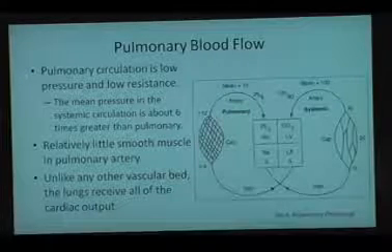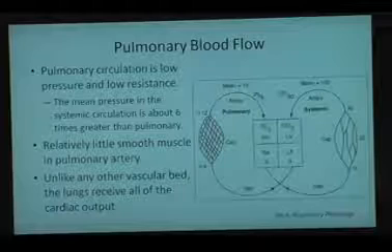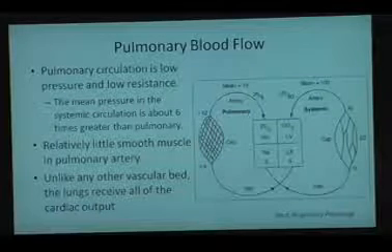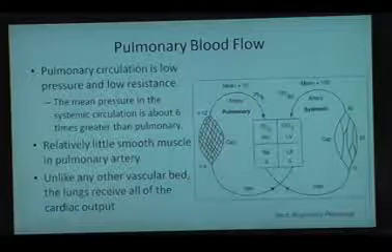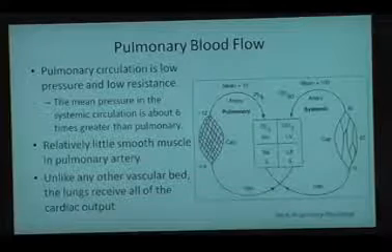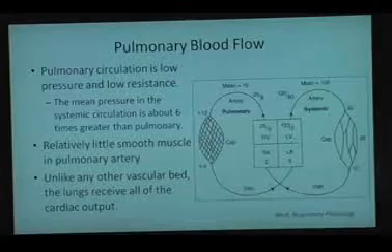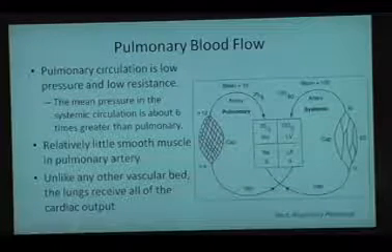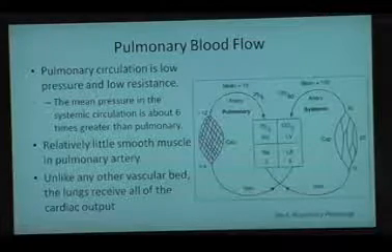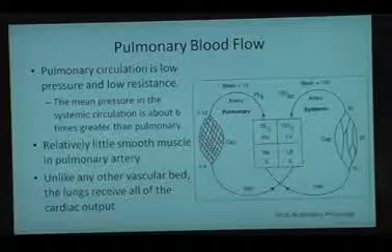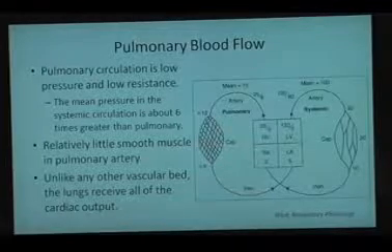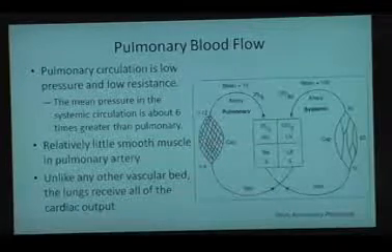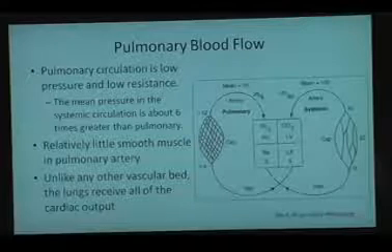There's relatively little smooth muscle in the pulmonary artery, although there is some smooth muscle, which is the reason why pulmonary vasodilators can be effective. The reason why there's very little smooth muscle in the pulmonary artery is that the body does not need to distribute regional blood flow through the lungs the way that it distributes regional blood flow through the rest of the body.